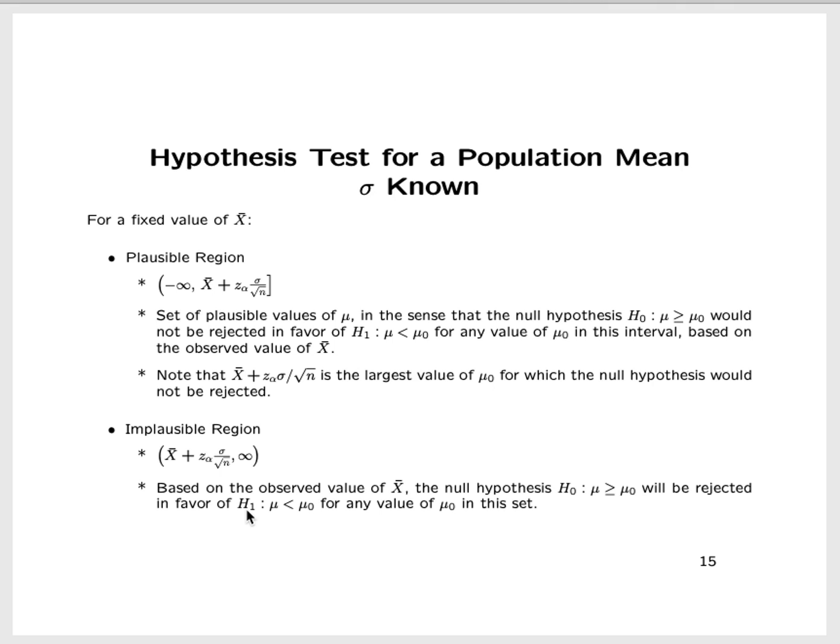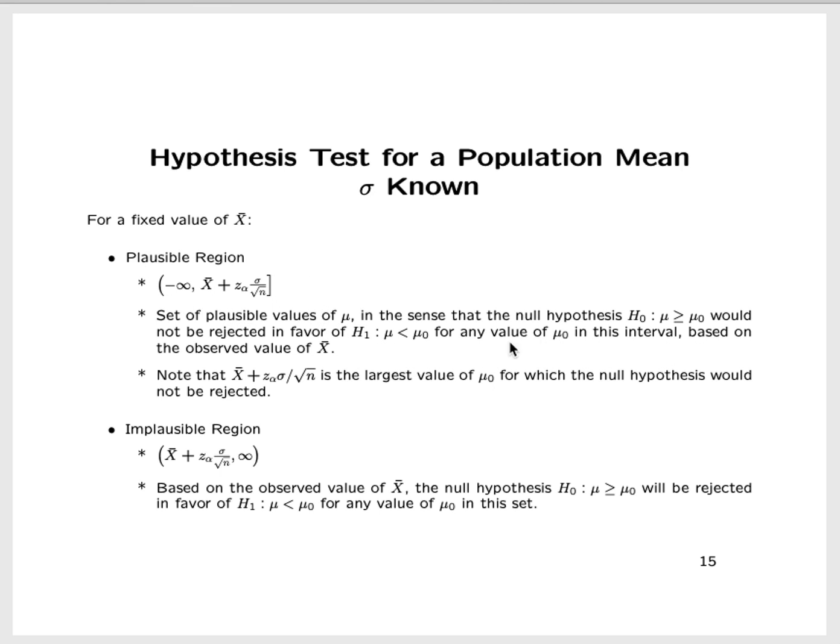Thinking about the decision rules in those two ways, we can speak of plausible and implausible regions. The plausible region is the set of values of mu, in the sense that the null hypothesis, mu being greater than or equal to mu sub 0, would not be rejected in favor of the alternative, that mu is less than mu sub 0, for any value of the hypothesized value, mu sub 0, in this interval that we're calling the plausible region.